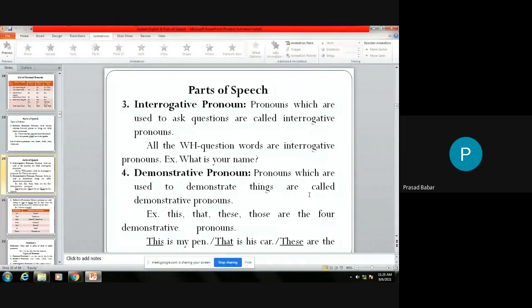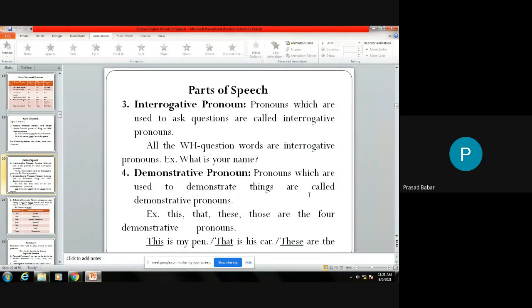That is why these are called demonstrative pronouns. Let's discuss it with an example. This is my pen. Okay, if we want to tell our friend or anybody, we generally say, this is my pen. हा माझा पेन आहे. We demonstrate that this is my pen.